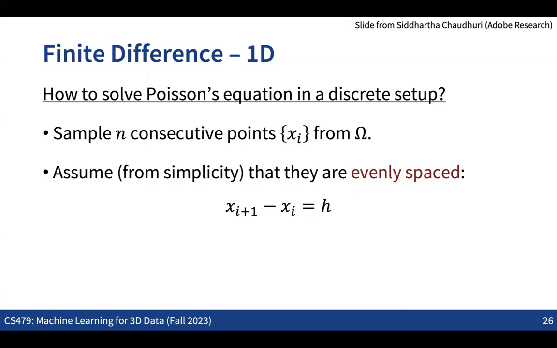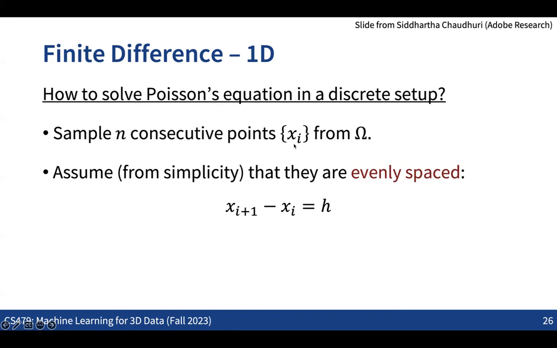In the 1D case, we divide the 1D domain into samples in the space. Let's say we have consecutive points over the 1D space with the same uniform interval across all the points.